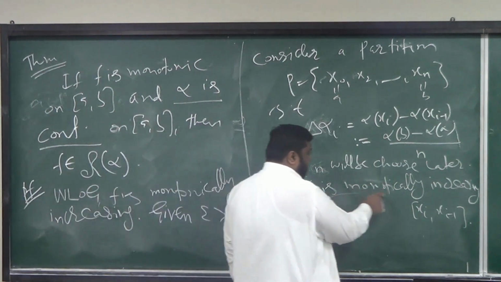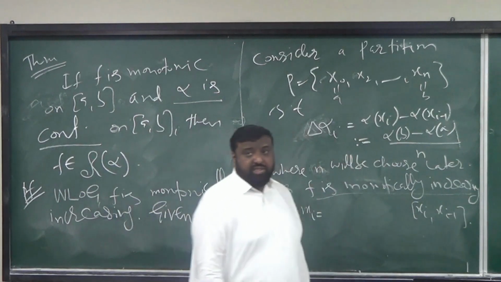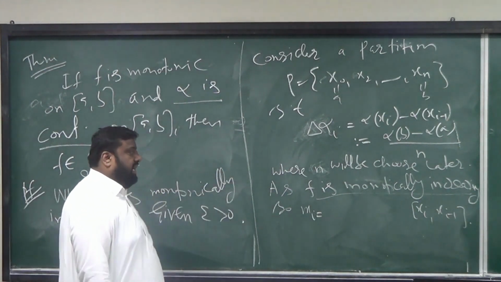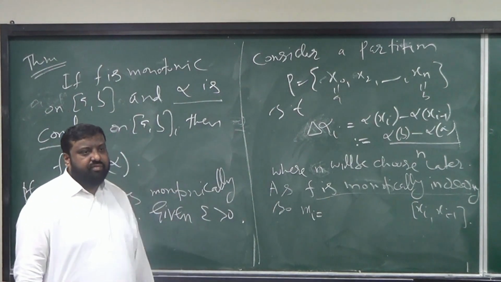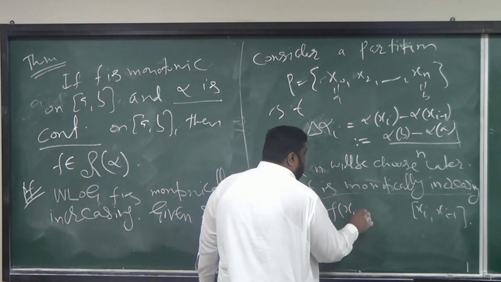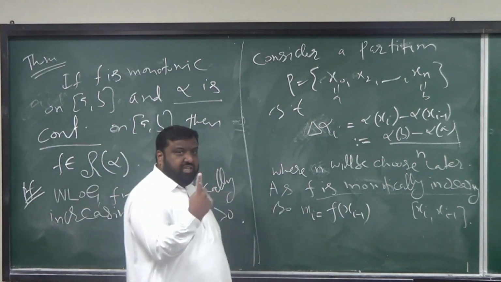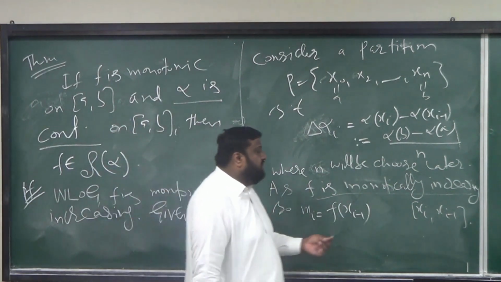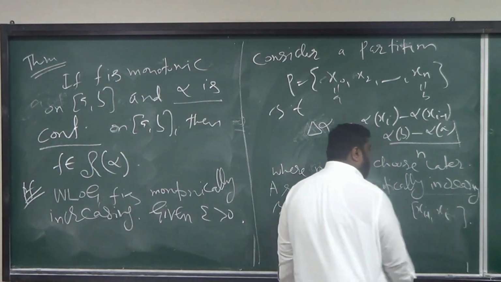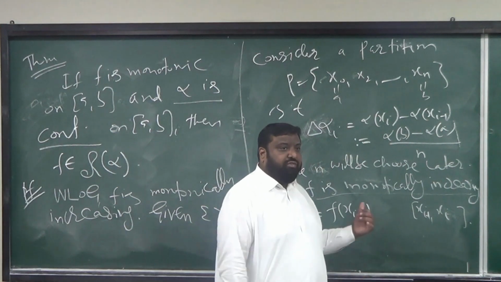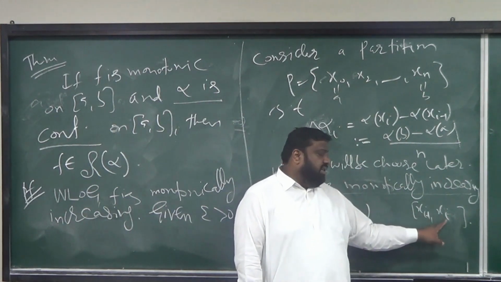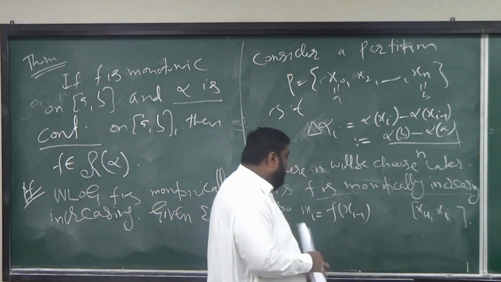So keep in view that f is monotonically increasing. It would be constant, but which number? f of xi minus 1. Exactly. Since the function is increasing, the smallest value that it will achieve is at the left hand point, and the greatest value that it can achieve is at the right hand point.